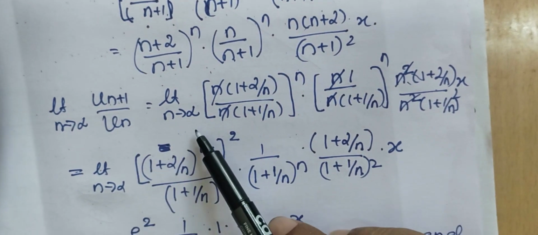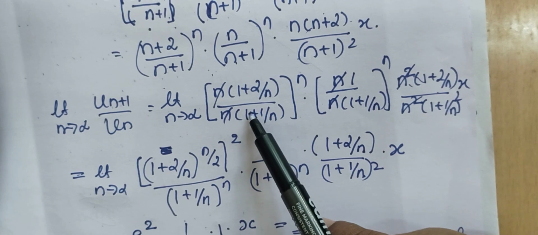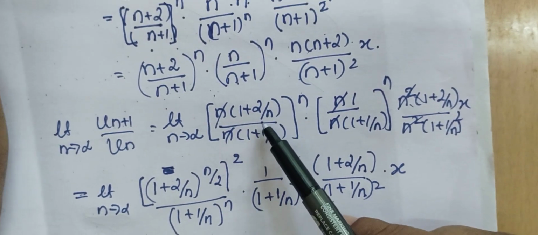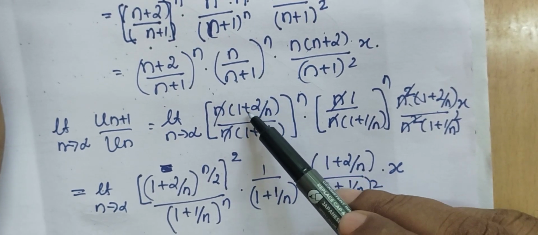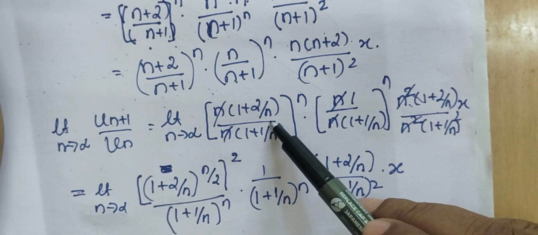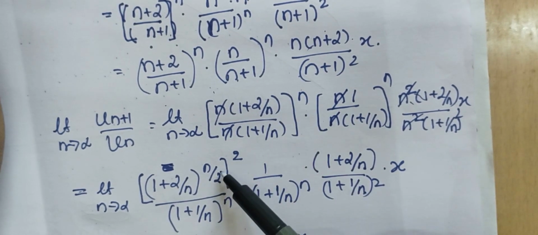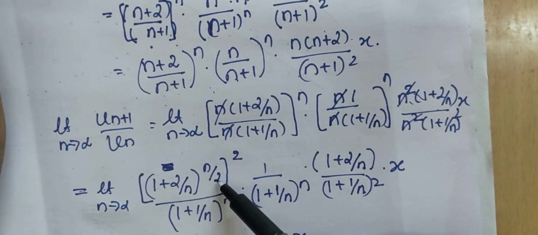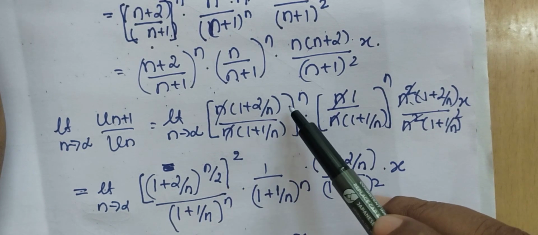Now applying the limit n tends to infinity, we need one formula. For that we need the reciprocal of this term. What is the reciprocal of 2 by n? It is n by 2. So that is why in the power we divide by 2 and multiply by 2. These two cancel and we get the original one.